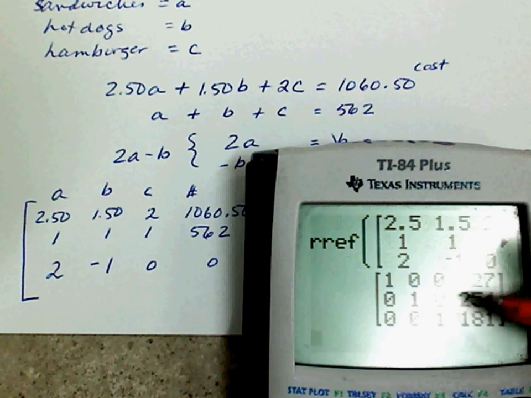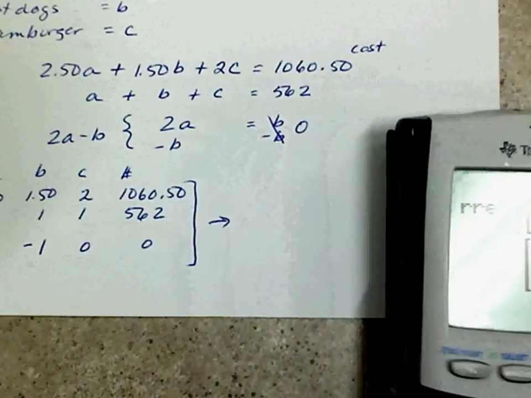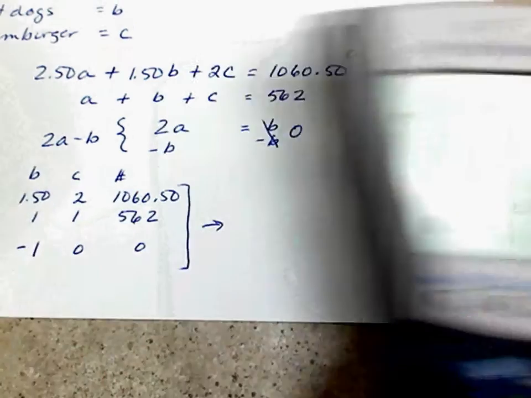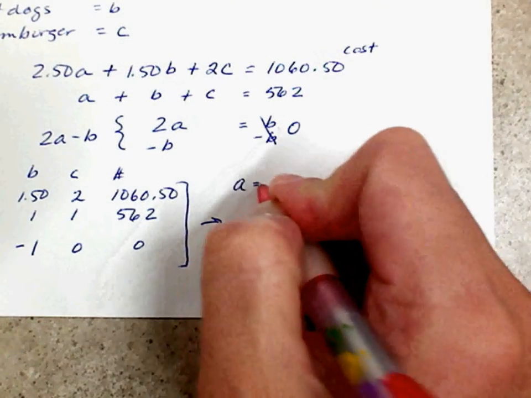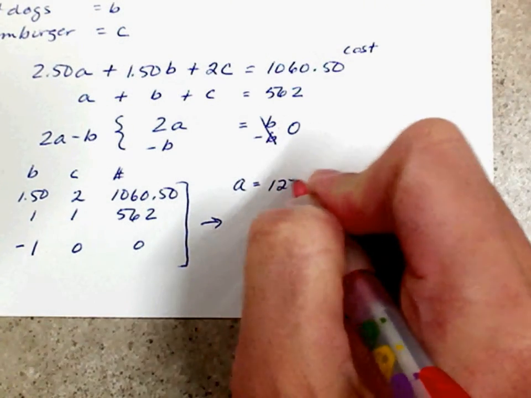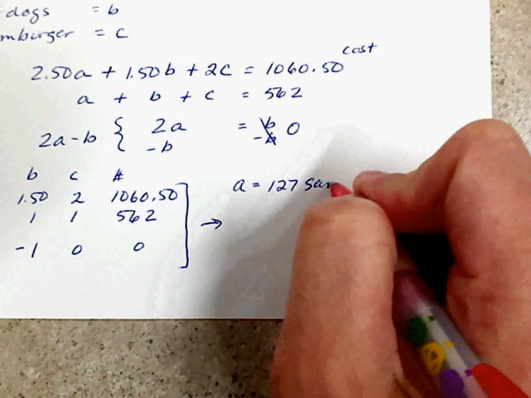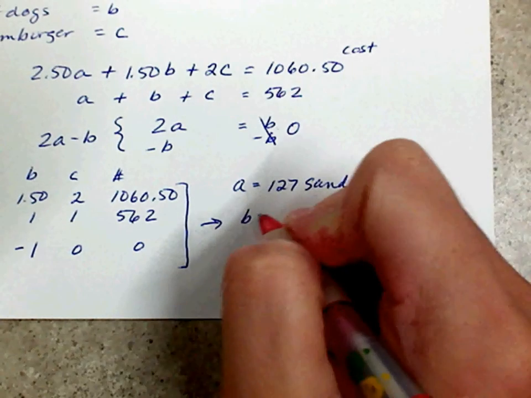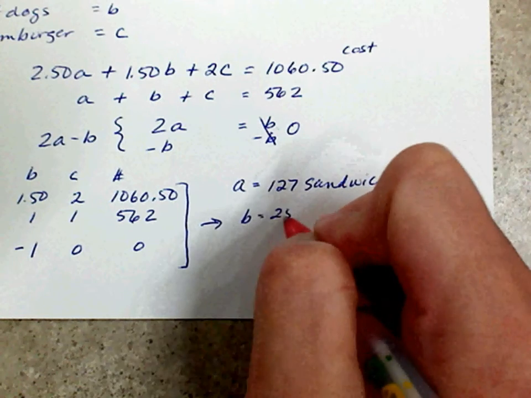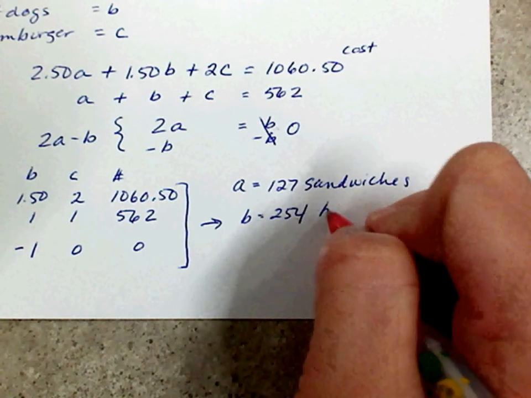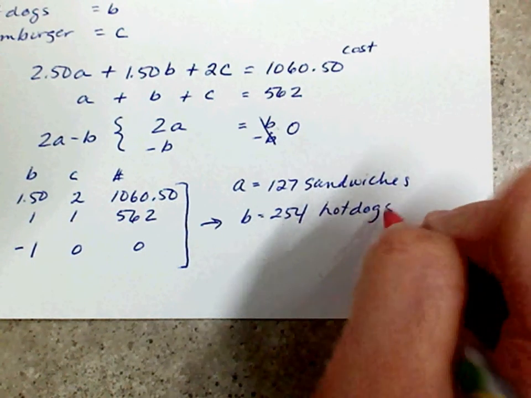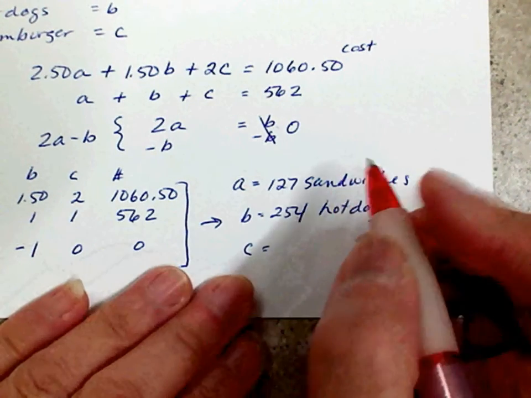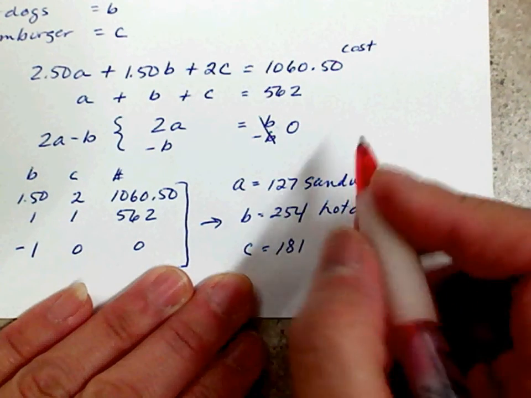If you notice, A is equal to 127, B is 254, and C is 181. So A is 127, and A is sandwiches. B is 254 hot dogs. Notice it's twice. And C is 181 hamburgers.